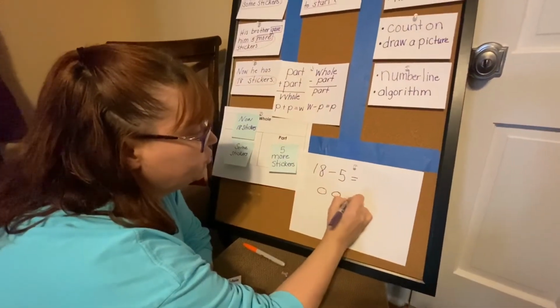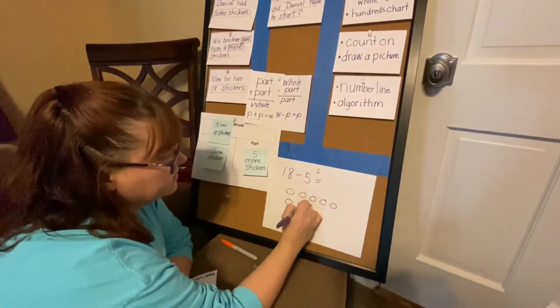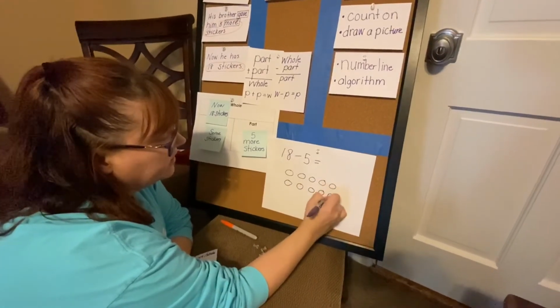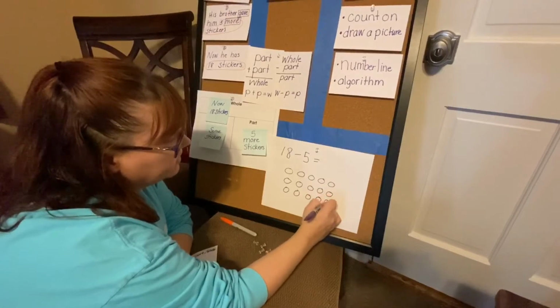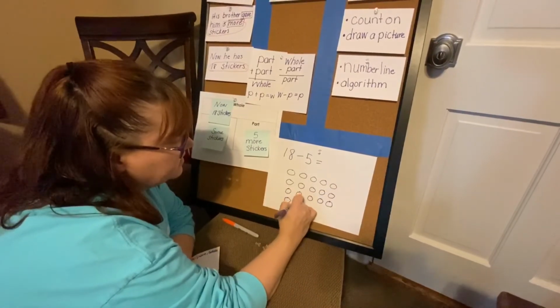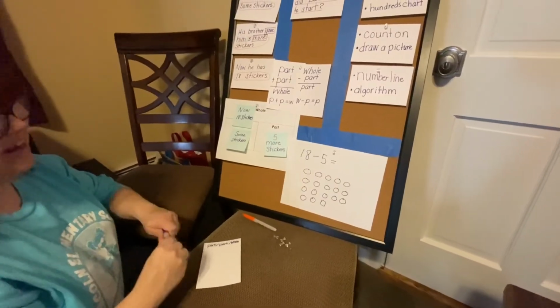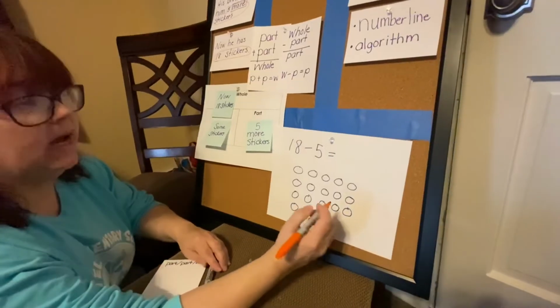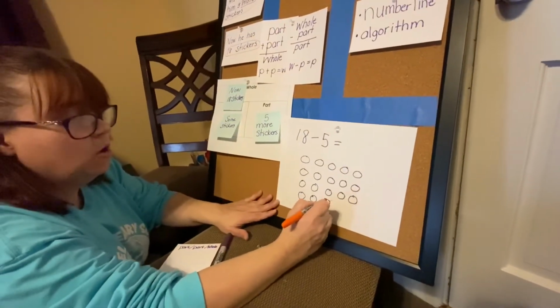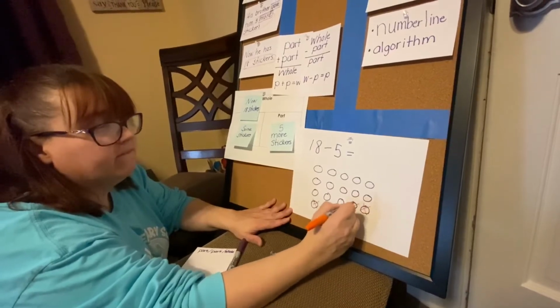1, 2, 3, 4, 5, 6, 7, 8, 9, 10, 11, 12, 13, 14, 15, 16, 17, 18. Now, I have to take 5 of those stickers away. So I'm going to do that by crossing out 5 stickers. 1, 2, 3, 4, 5.